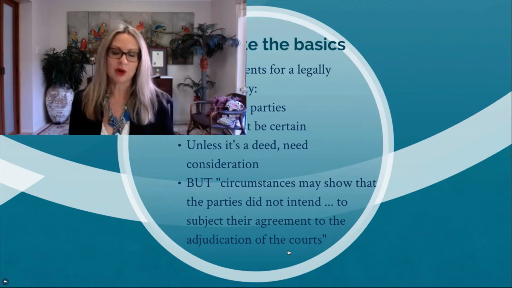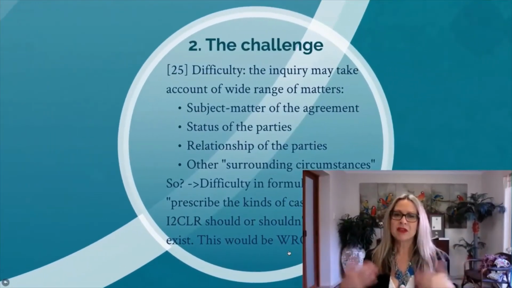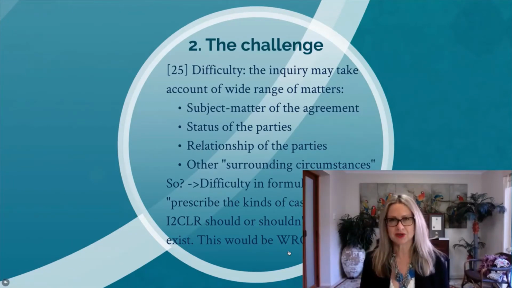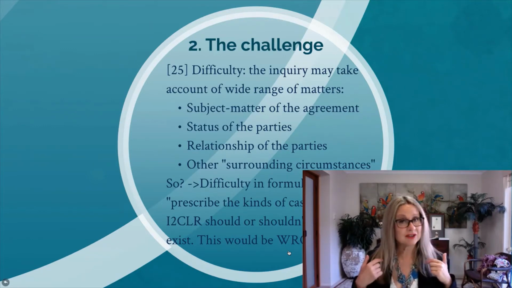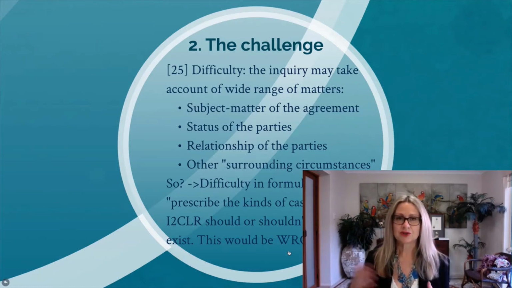Nice little statement of, okay, here are the basics. Then they go on to say, well, what's the problem here? What's the challenge where intention to create legal relations is raised in a matter? And they say, well, obviously, the challenge for a judge is just a huge range of circumstances that you need to actually take into account if you're going to make a satisfactory conclusion on whether or not the objective facts indicated that the parties intended to create legal relations.